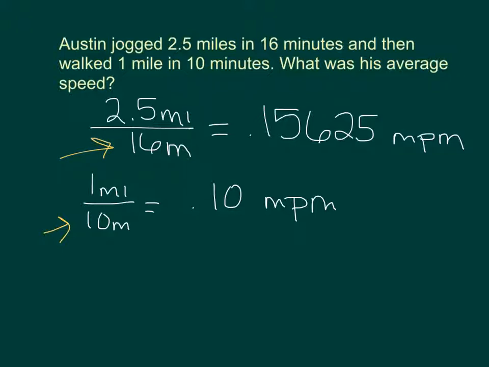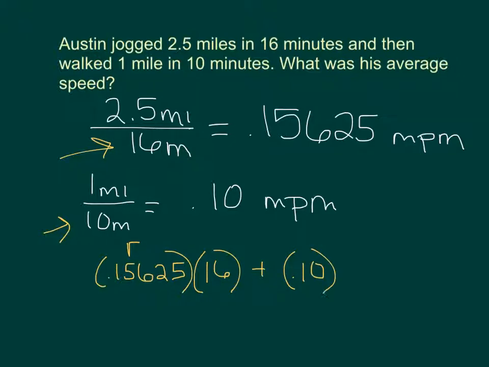So what we need to do is take the rate for the jogging, which is 0.15625, and multiply it by the time in which they jogged, so 16 minutes. You're going to add that to the rate of the walker times the time that they walked, and you're going to divide the whole thing by the total time, so the 16 plus the 10.